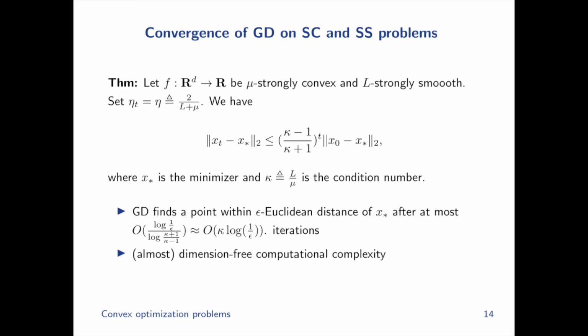Now, one could argue that d is perhaps hidden away in the choice of kappa, because the more dimensions you have, maybe the upper and lower bounds on the curvature of the function need to be correspondingly expanded to maintain the validity of the bounds. But at the end of the day, there's no direct dependence on the dimension in the convergence rate. And this is something quite wondrous about first order methods.